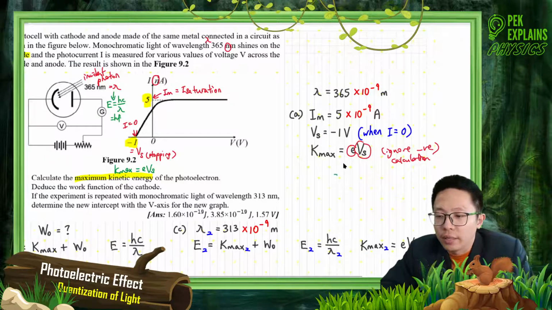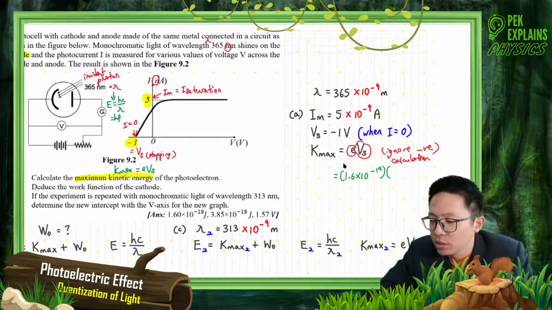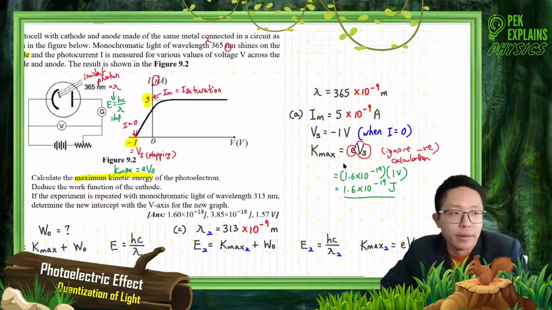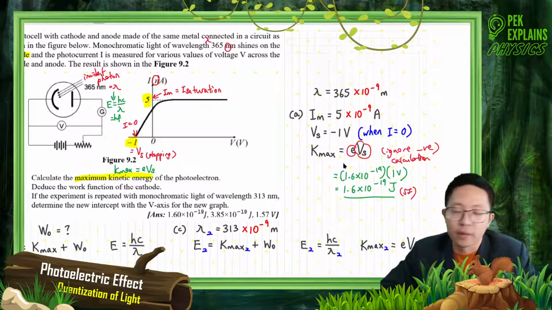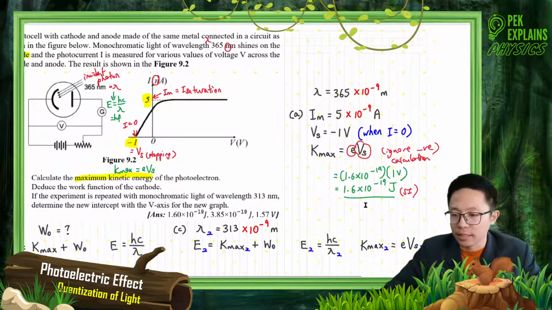So Kmax is the electron charge, 1.6 exponent negative 19, times the stopping voltage, ignoring the negative sign, just 1 volt. Multiply by 1, and you get Kmax equal to 1.6 exponent negative 19 joule, in SI unit. So that's it for Kmax.